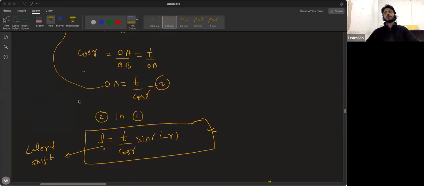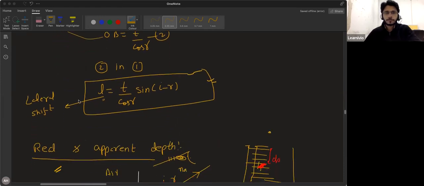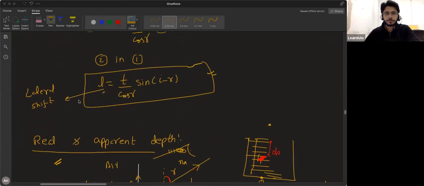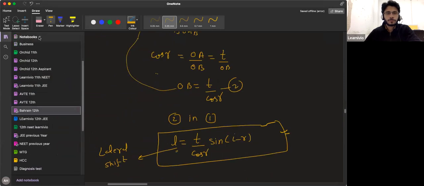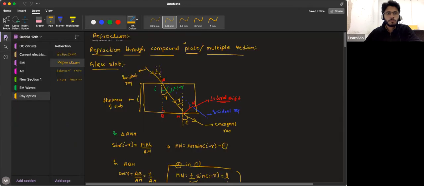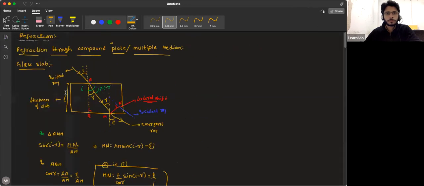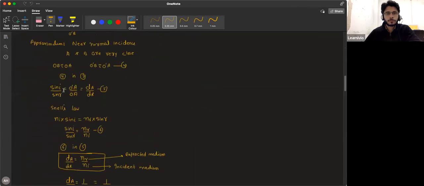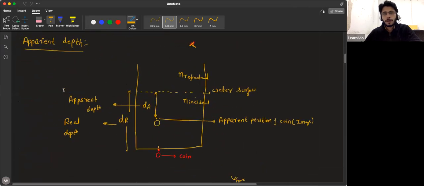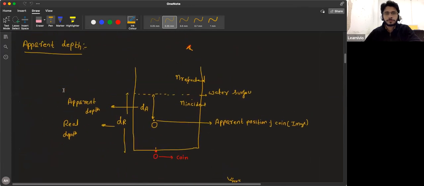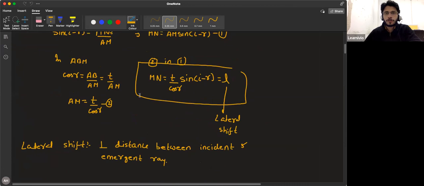So that was about lateral shift in a glass slab. After glass slab, the next topic is real and apparent depth. So you have written up to this one, lateral shift.